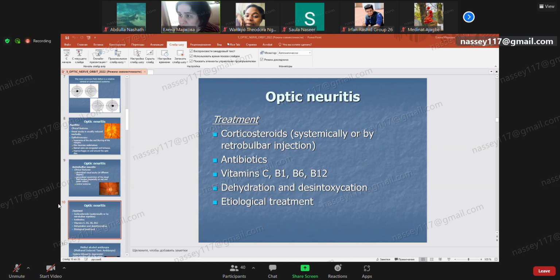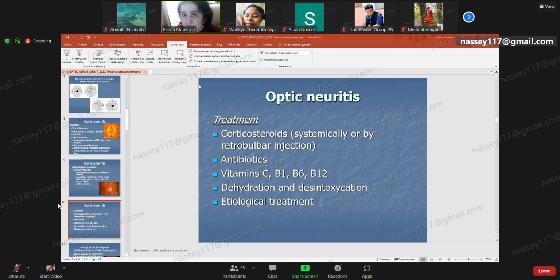Why? Because we need to exclude any pathologies of other organs, for example multiple sclerosis. We can prescribe additional investigations, maybe a CT scan of the brain, MRI, magnetic resonance tomography of the brain, and only after this can we administer treatment for this patient.